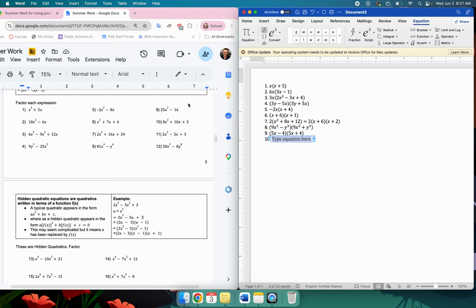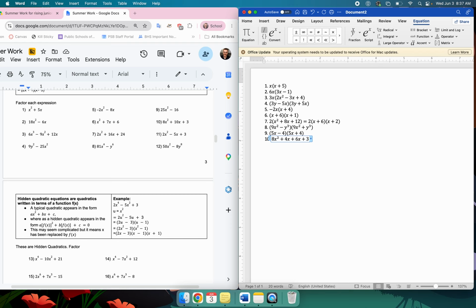So I think that's 4 and 6, right? 4 and 6 multiply to 24 and add up to 10. So I'm going to split the middle term. My two numbers are 4 and 6, so I'm going to rewrite 10x as 4x plus 6x.